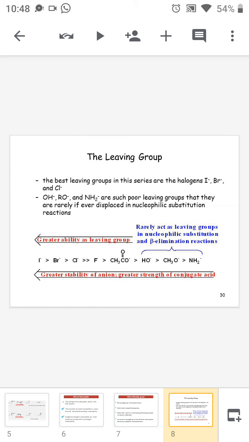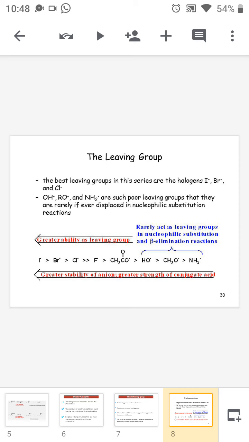And the greater the strength of the conjugate acid, the better the leaving group. So I minus, Br minus, Cl minus are best leaving groups, but F minus is not a best leaving group, because F minus is not at all stable.